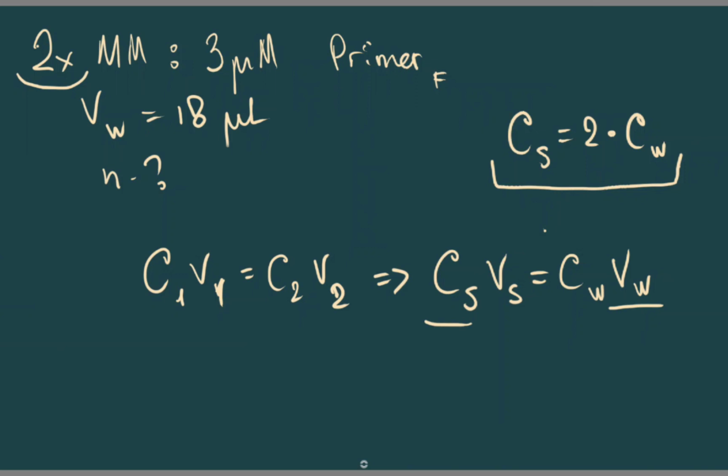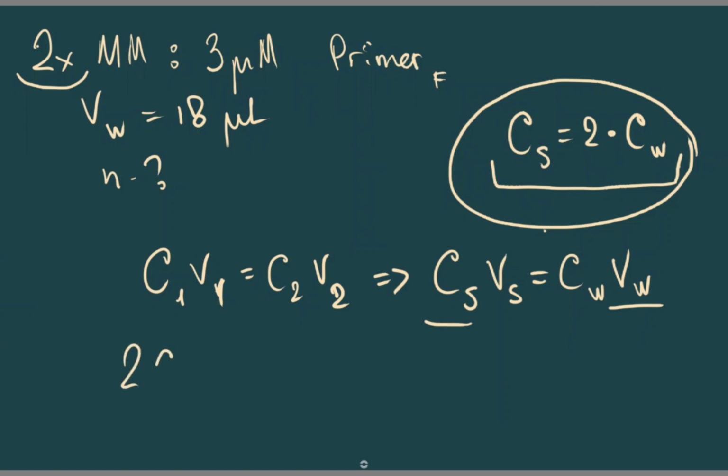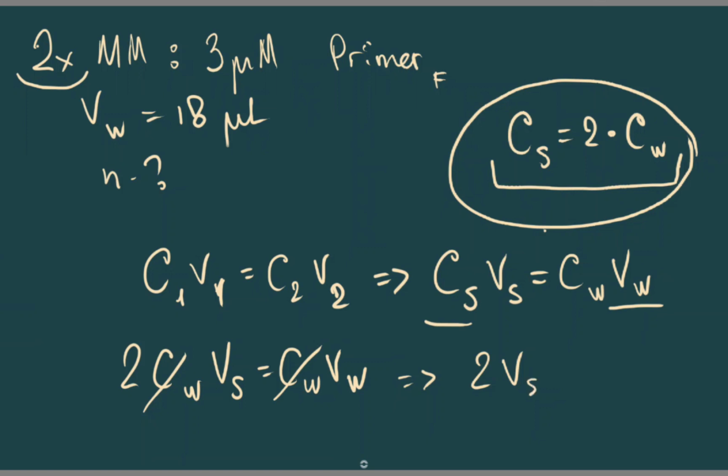So we just put CS from this equation. When we change the CS, it will look like 2CW times VS equals CW VW. Now we can get rid of working concentrations, and we're left with 2 stock volumes equal 1 working volume.